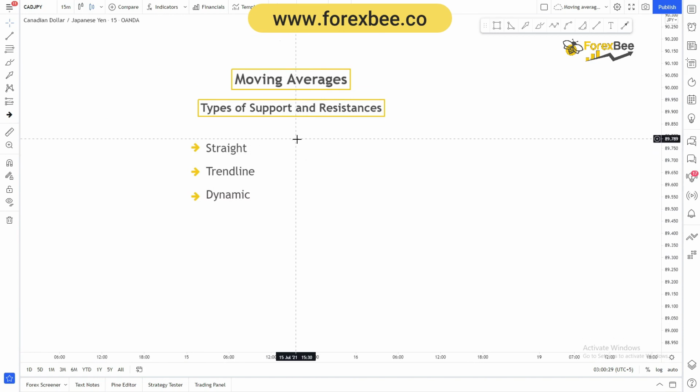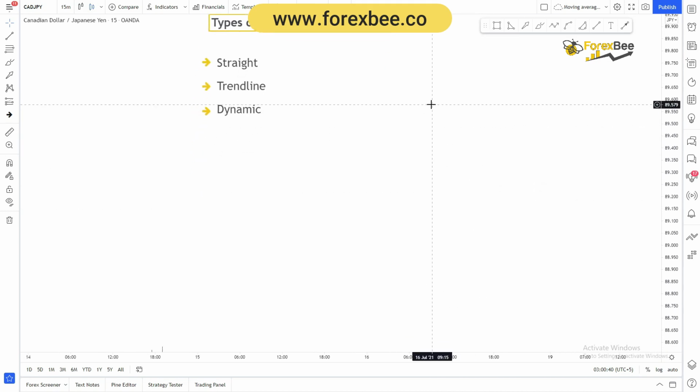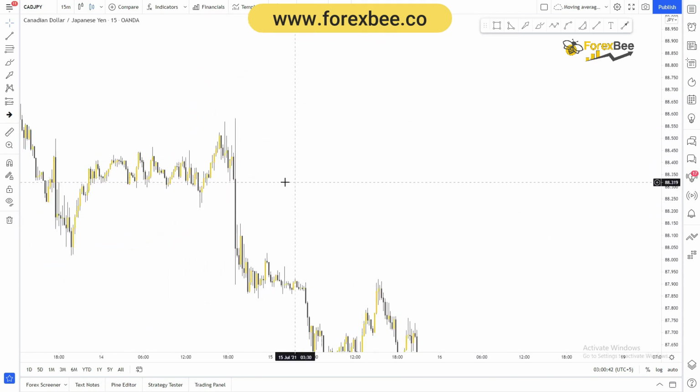So the first thing is, in our previous video we discussed what is simple moving average and what is exponential moving average. Let me just redefine that. Simple moving average is just the mean of the previous candles, and in simple moving average each candle gets equal weight.